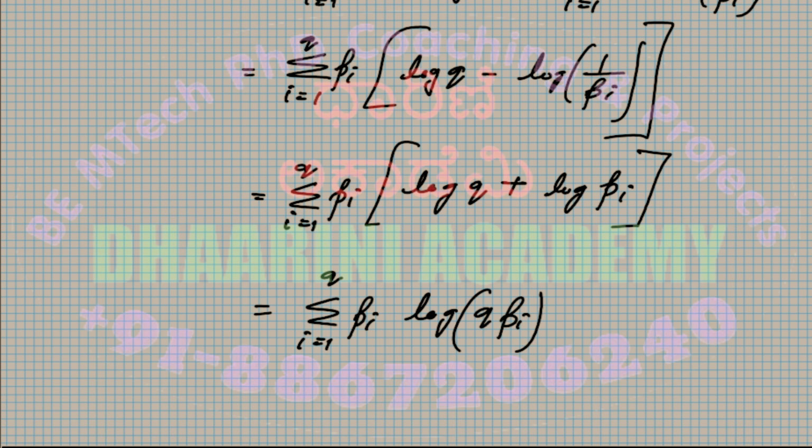I can use a property. On the left hand side, log Q minus H of S is already present. This is what I had calculated so far.